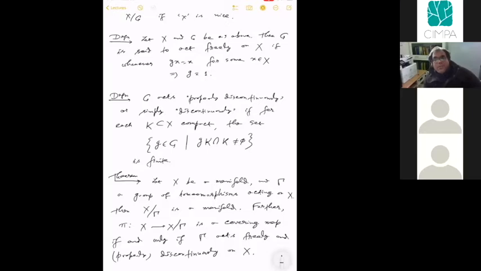But if the action is not free and properly discontinuous, then the quotient map may not be a covering. And we would like actions where the quotient map is a covering space. I hope I have answered your question.